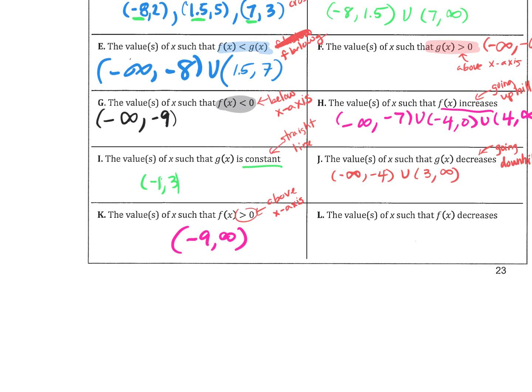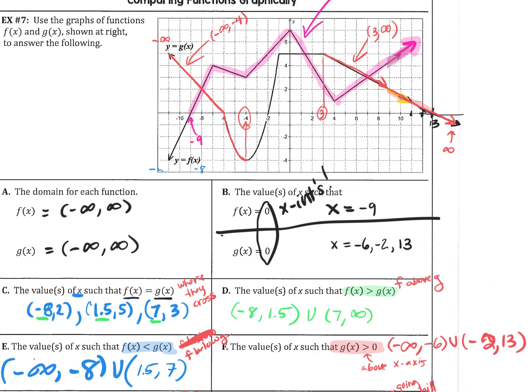Values of x such that f decreases. So what am I looking for? Where it does what? Decreases means where it's going down. So highlight or do whatever on your page. I'm going to do mine in blue. Where is the function f going down? There are two places where f is going down.